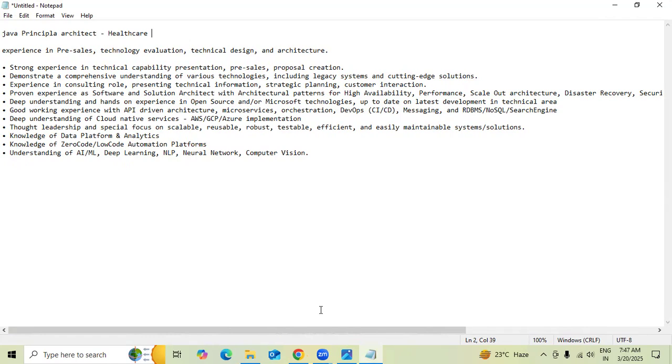Next, understanding API-driven architecture is becoming essential, along with different architectural styles. Earlier we used to have monolithic, now we are working on microservices, so understanding orchestration is needed.